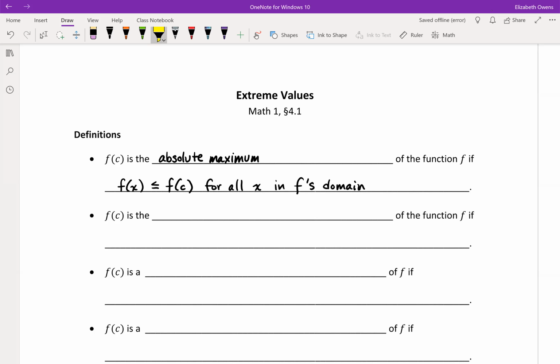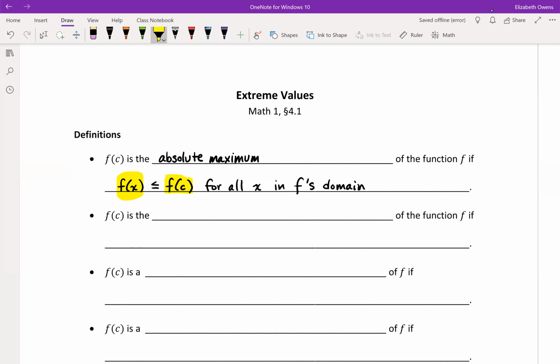Okay, so what that's saying is that for all the x's in the domain, okay, so everything else, the function value at all those points, I have no idea what's going on with that highlighter there. That is pretty weird. But the function value f of x for all those x's in the domain is less than or equal to this f of c value.